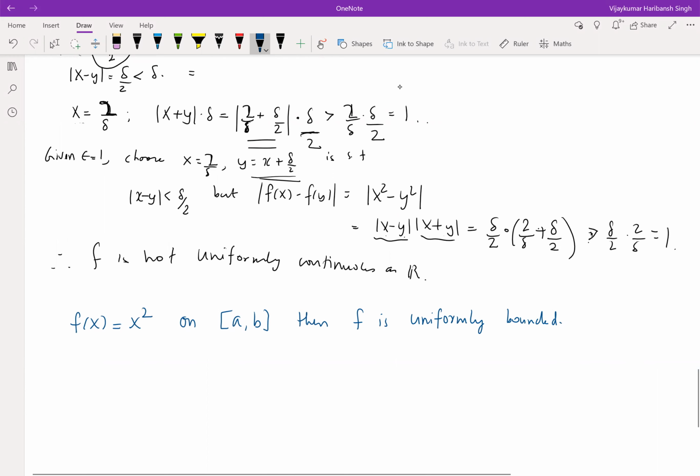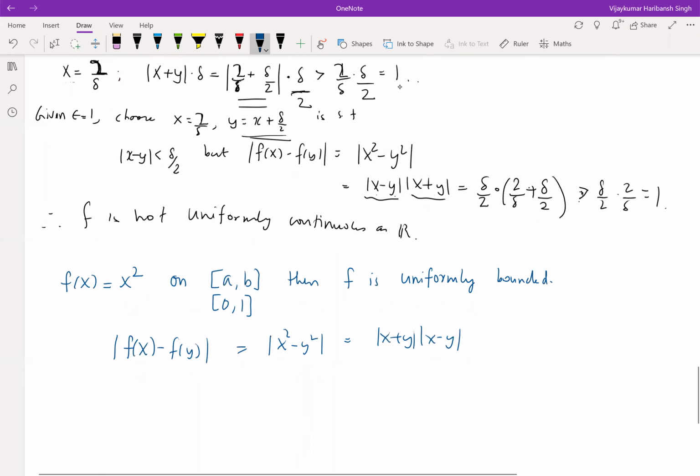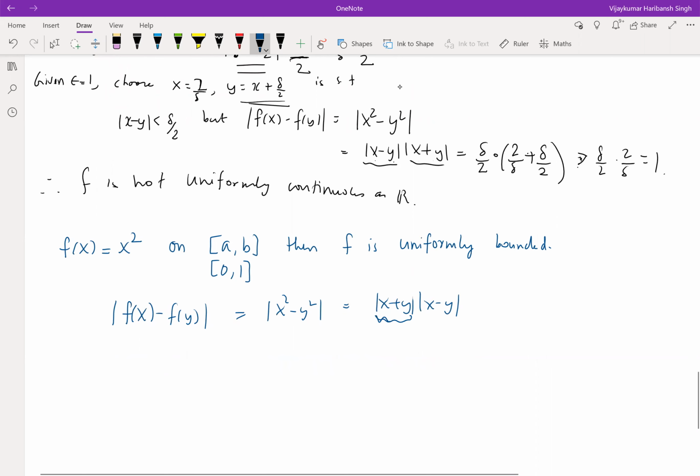Okay, so I will work with an example. We can look at a particular choice, the interval [0, 1]. What we need is f of x minus f of y, which is x squared minus y squared. Actually, it is equal to this. This is going to be x plus y times x minus y. Now, all you need is that this is bounded.